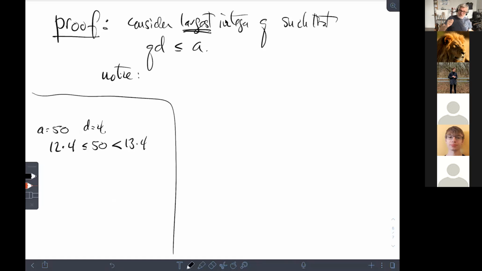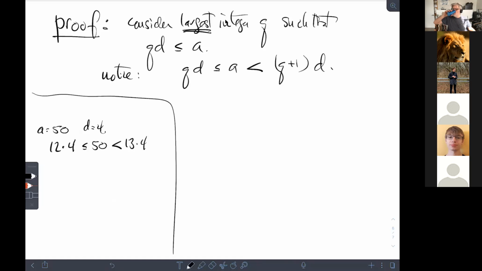So if Q is the largest possible number of D's that I can fit into A, it means that Q plus 1 times D must be bigger than A, right? So QD less or equal to A, strictly less than the next one, right? If I try to fit another D, I'm gonna go over, right? Because it's the largest. Okay.